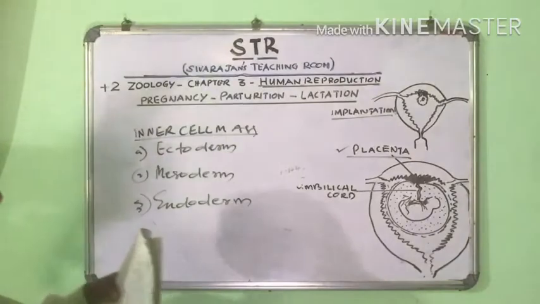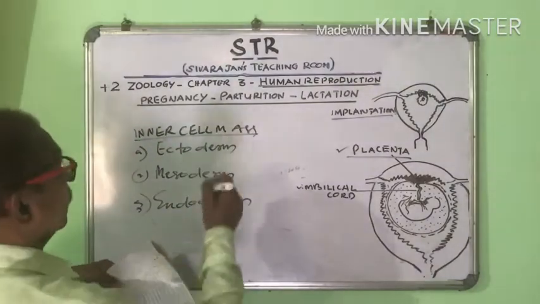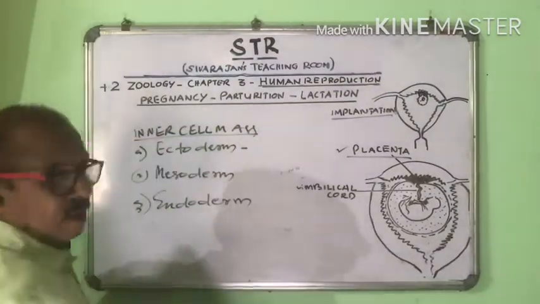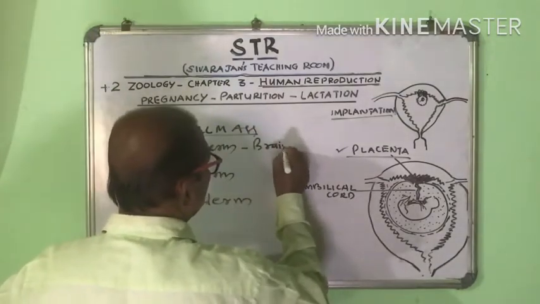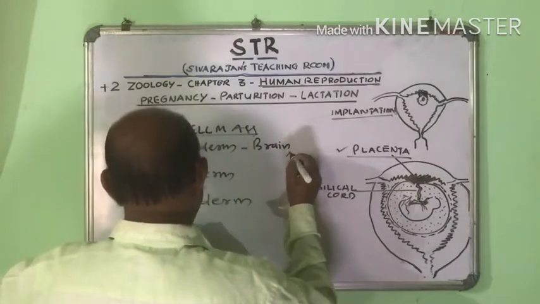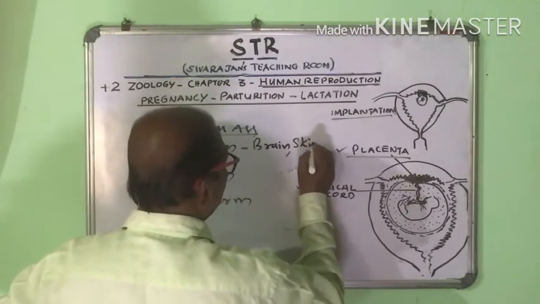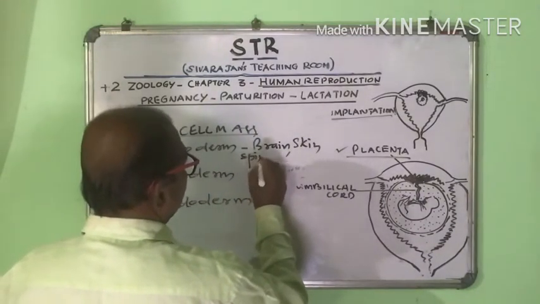The ectoderm gives rise to brain, skin, spinal cord.